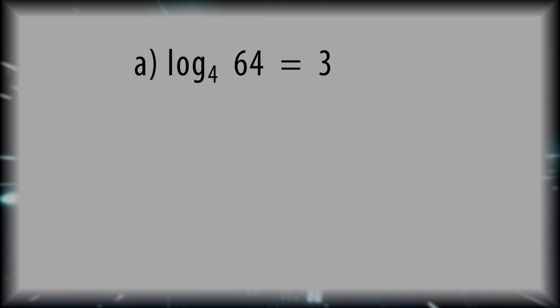So let's look at log base 4 of 64 is equal to 3. We want to change it to indices. The number we are talking about is 64. So we are saying that 64 is equal to the base, which is 4, to the power 3. So that small number now becomes the big base in your indices.